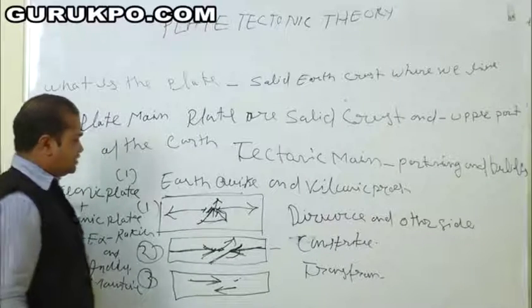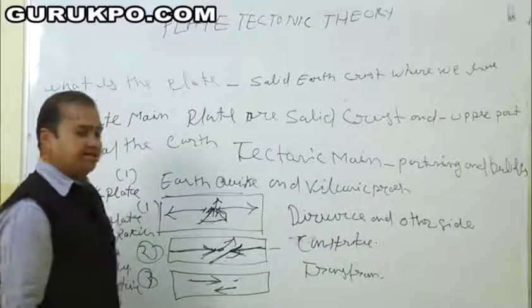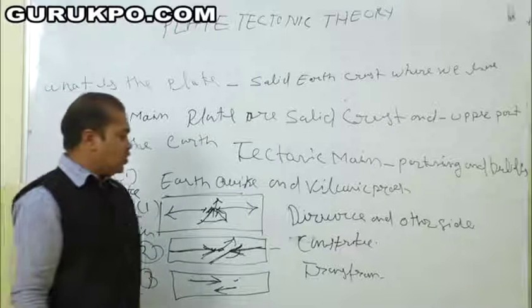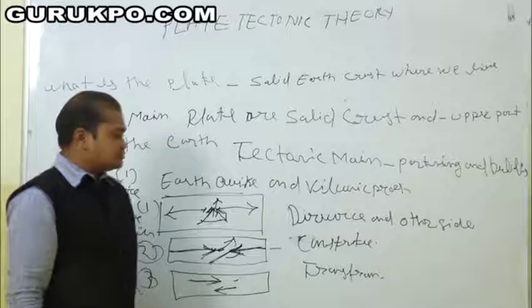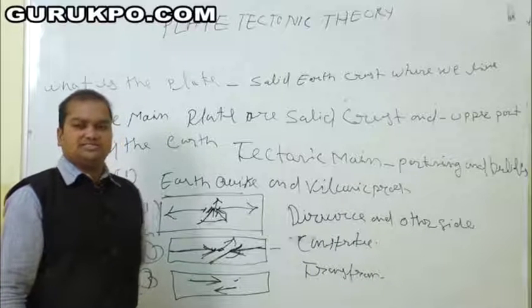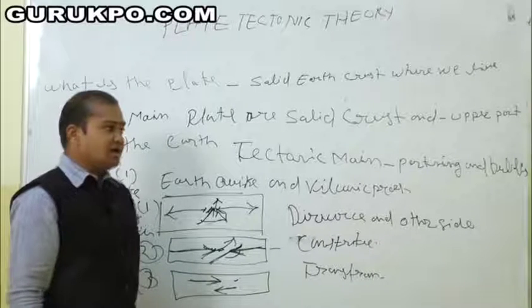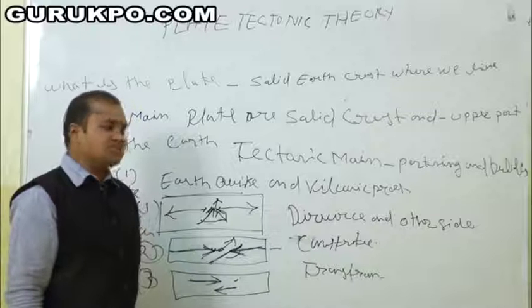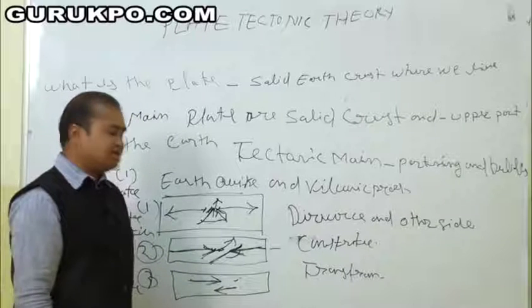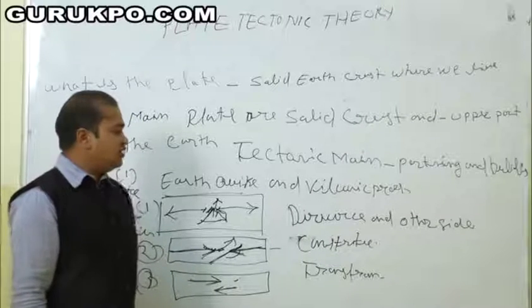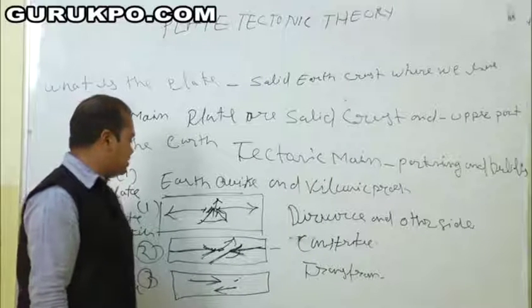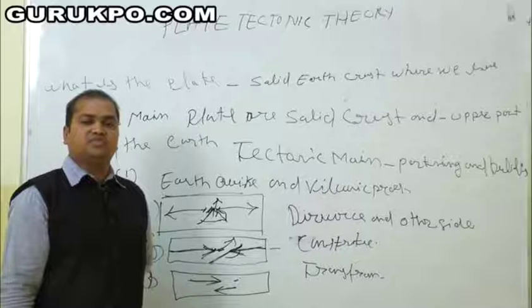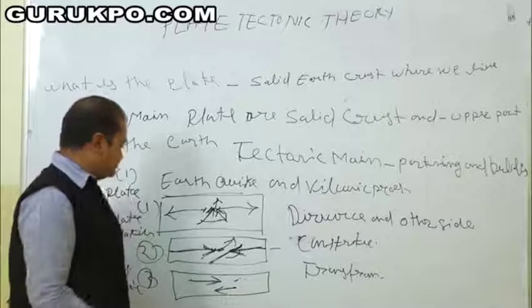And second one is continent and oceanic plate. Continent and oceanic plate, like western part of the USA and South America, Pacific Ocean and continent of North America and South America, to be connected and join with generating of the hill, mountain area, Rockies and Andes Parvat.